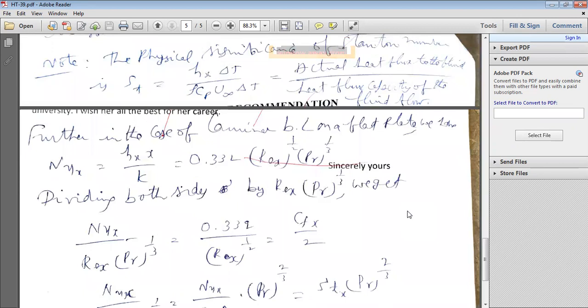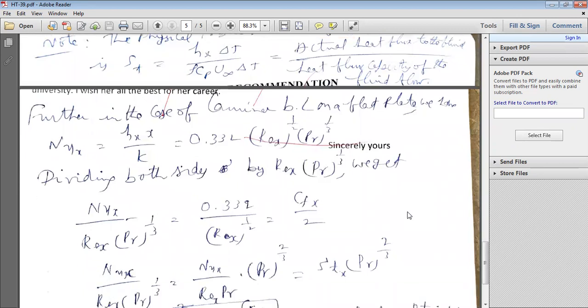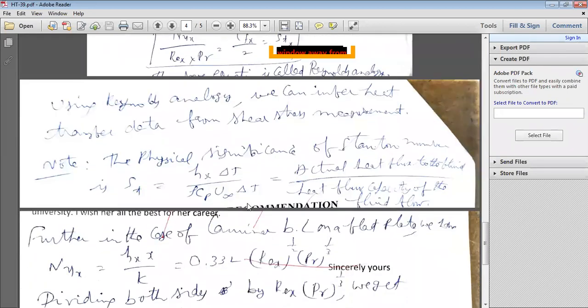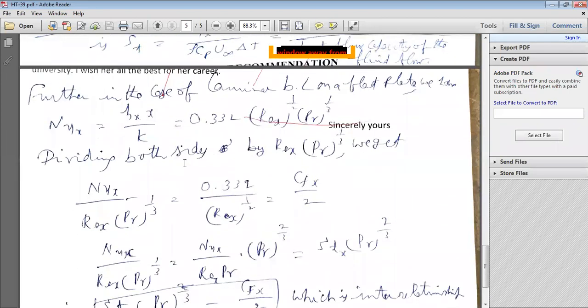That's about the Reynolds analogy. Now there is one more small analogy. It takes only 5 minutes, don't worry. The Reynolds analogy is sometimes very important, you will get the question what is Reynolds analogy, for 7 marks. Next is the Colburn analogy.